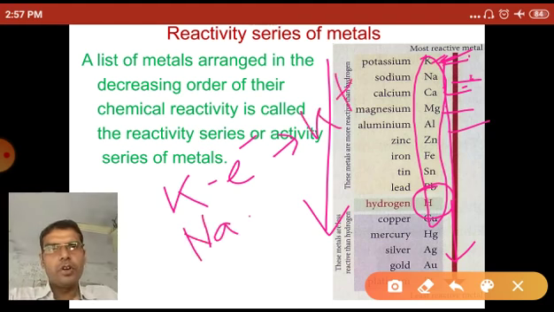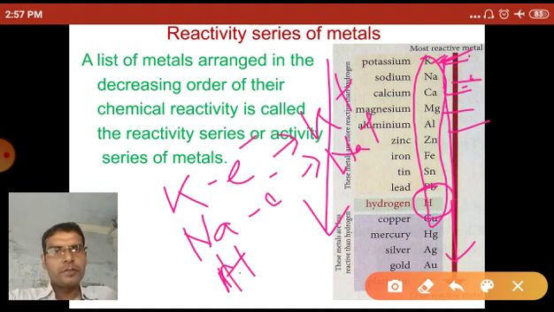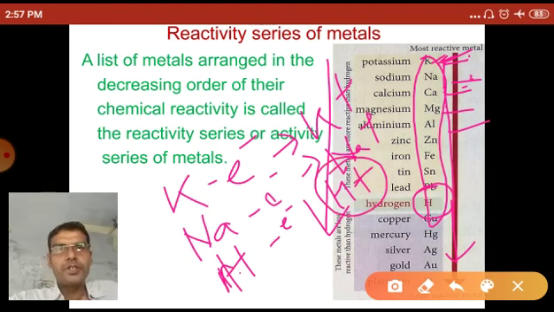Sodium also loses its 1 electron and forms Na+ ions. Same as sodium and potassium, hydrogen also loses its 1 electron and forms the H+ ion. So hydrogen also shows positive nature like the metals. That's why hydrogen is included in the activity series of the metals.